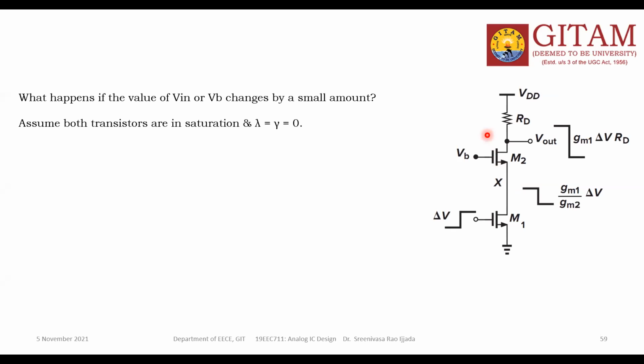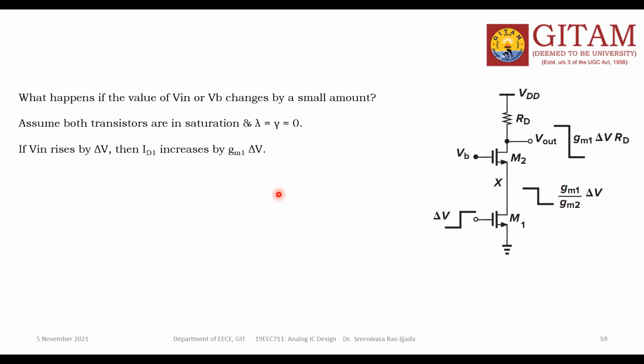Nothing is modified. I just want to keep the gate terminals on one side and the other terminals outside. Listen, my question is, what happens whenever a small voltage change takes place at either one of the gates of the two transistors, either the M2 gate or the M1 gate?